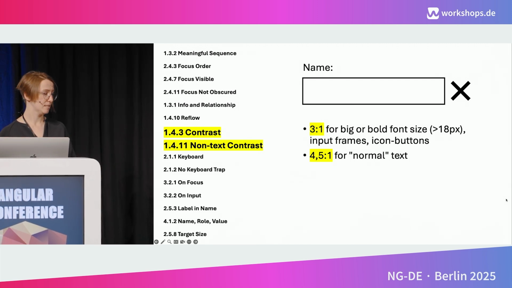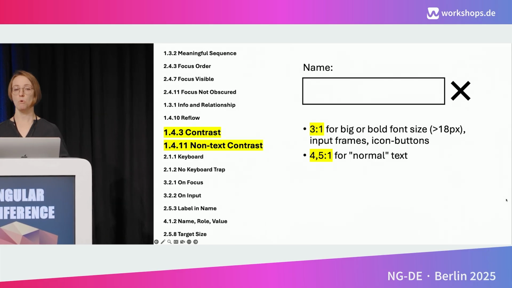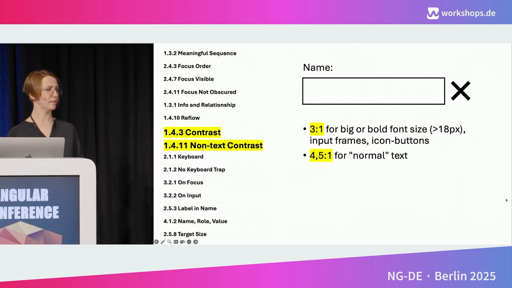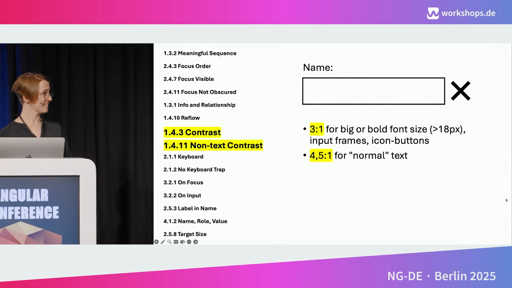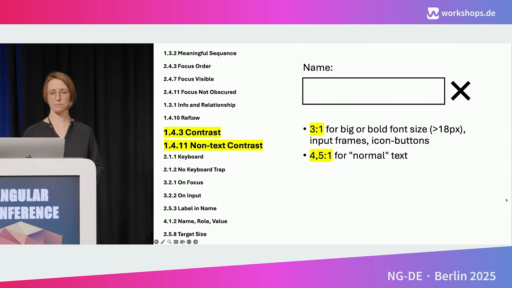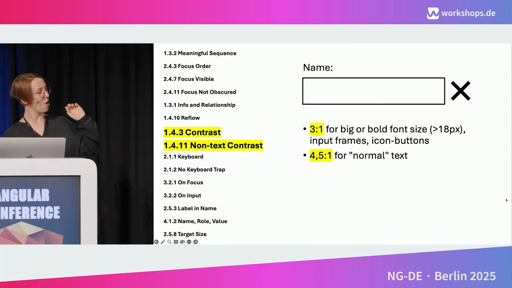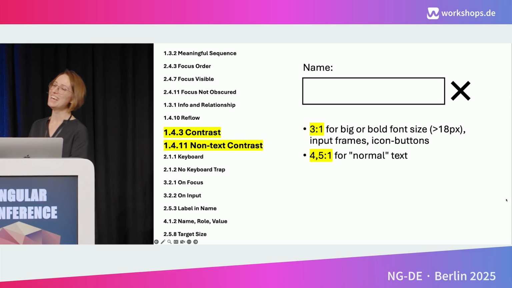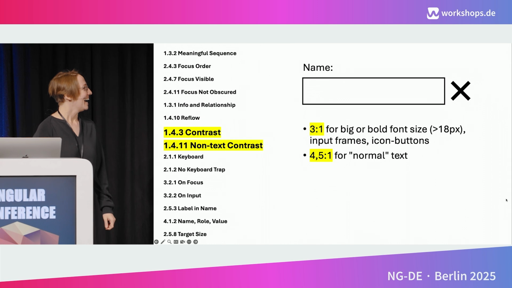For bigger texts, starting from 18 pixels or bold text, it's 3 to 1, and that's maybe also not new for you. However, what is often forgotten is that non-text content also has to have enough contrast.